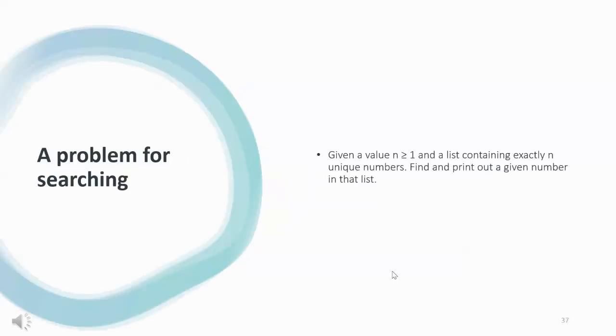Before discussing searching, let's have a problem for searching. Given a value n that is larger than or equal to 1, and a list containing exactly n unique numbers, find and print out a given number in that list.